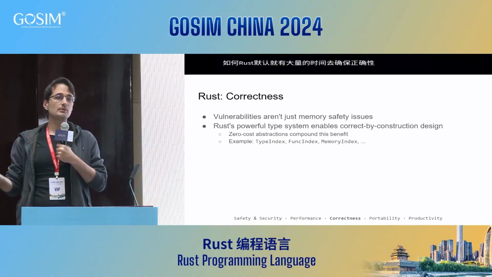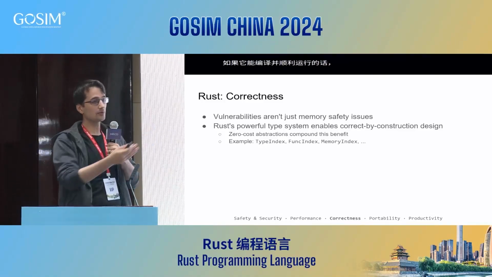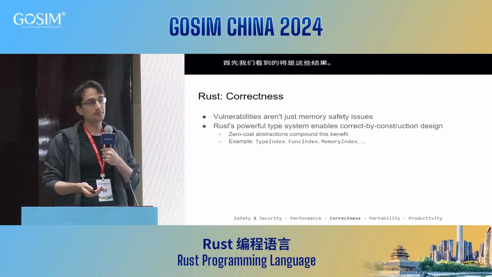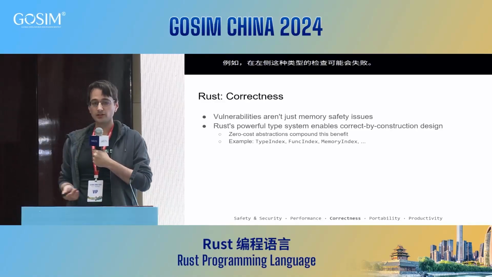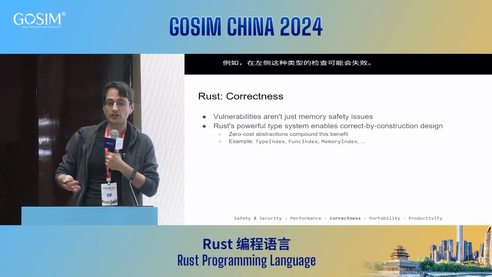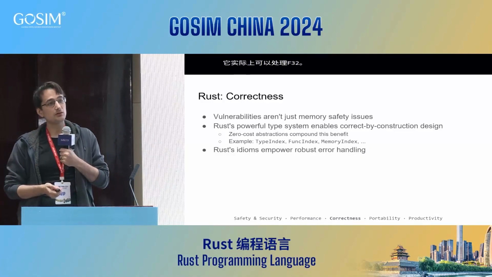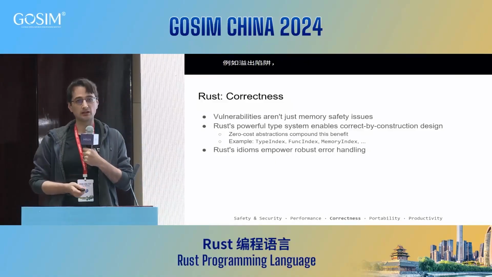For example, there are many, many types of indices in WASM modules, and we have a different type for all these indices, but it's always internally just a 32-bit integer. So this helps us at compile time to ensure we always use the right index in the right place, but at runtime, we don't actually have to worry about any overhead here. As we were just seeing as well, one of the aspects of making Rust correct is the very robust error handling we have.